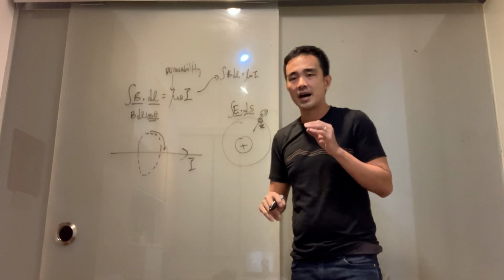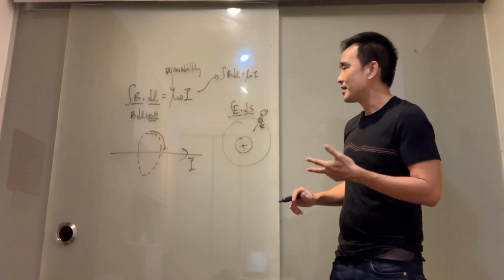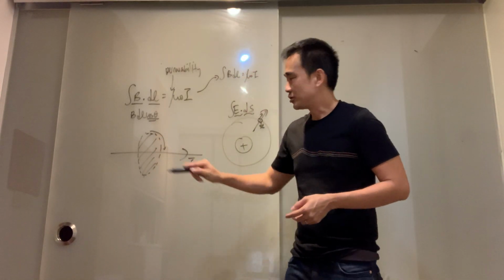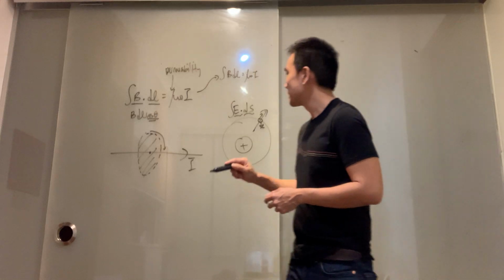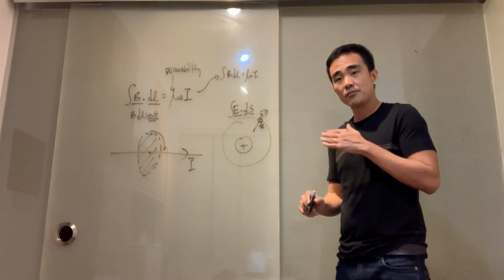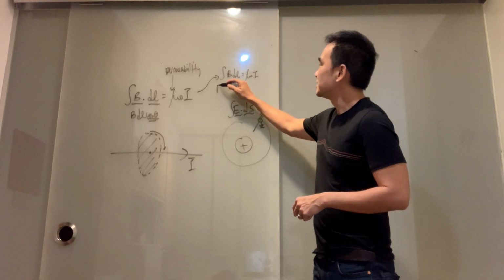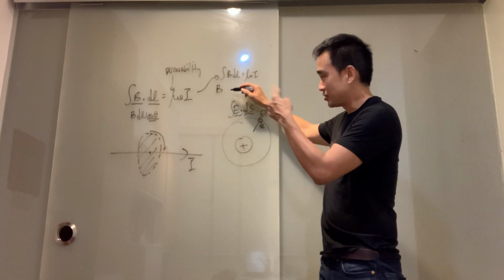Now what is this I over here? Mu naught is a constant. I is the current enclosed by this surface, which in this case is just I. It may not be I in other examples that I'll show you later. In this case, B is constant throughout this whole loop.